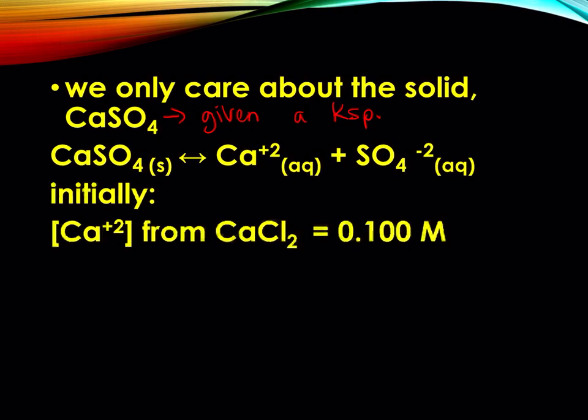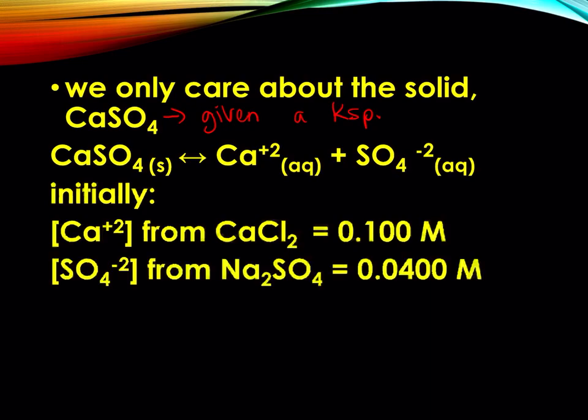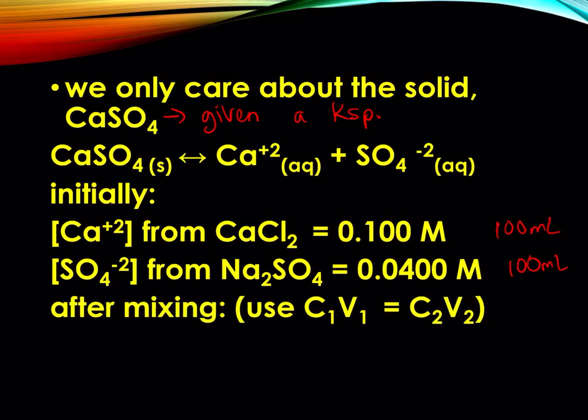Okay, so again, because we only want calcium and sulfate, then we're going to use initially the information from calcium chloride for calcium, and the sodium sulfate will give us the sulfate ions, and they both happen to be 100 milliliters, which is not a requirement, okay? They do not need to be the same.